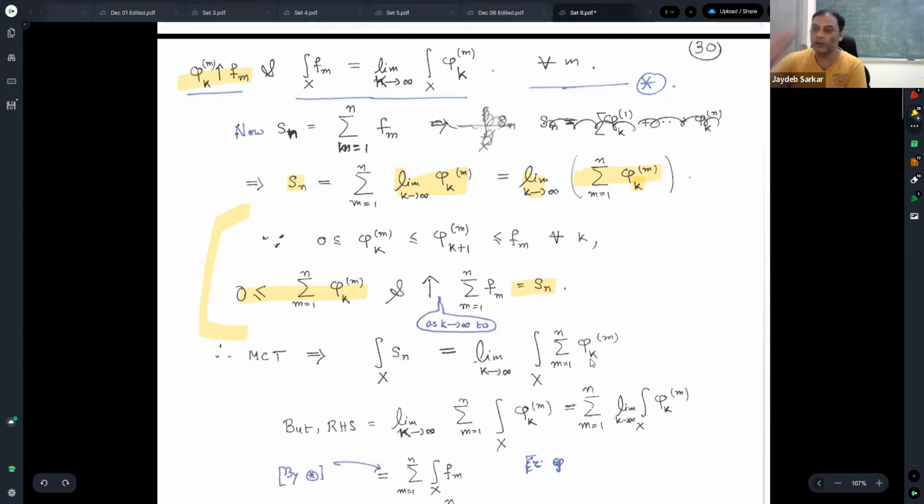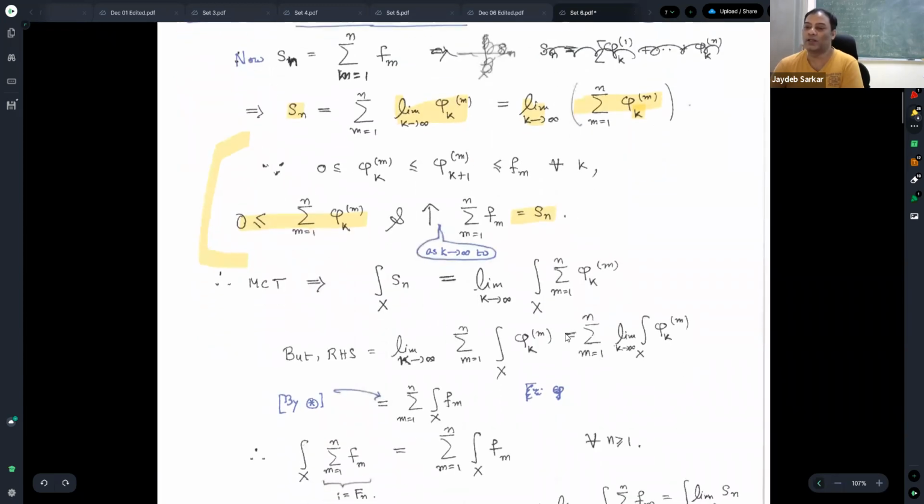Okay. Now you look at the right hand side. By the way, we have to take the limit here at some point, correct? We have to take the limit and push it inside to get the sum of fn. We'll do that. But the right hand side, let's observe this. It is the limit as k goes to infinity of this, no problem.